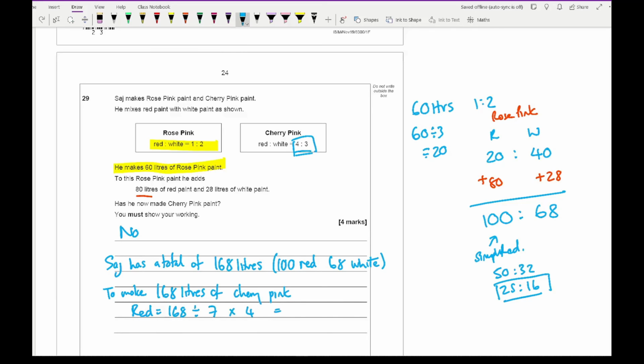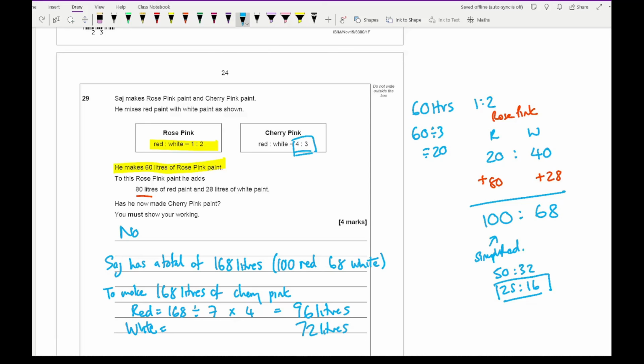Now again, you don't need to go into this amount of detail, but it certainly would make sense. And again, you just need to do what you need to do. He's going to need 96 litres of red paint, and then for white, it's going to be 168 minus 96, which gives you an answer of 72.